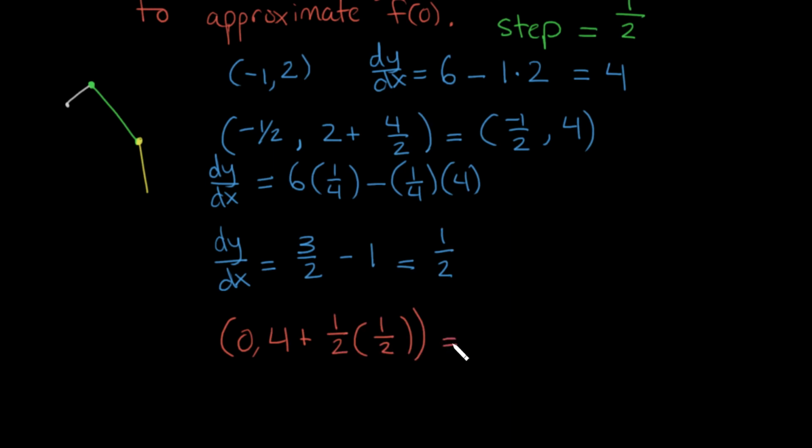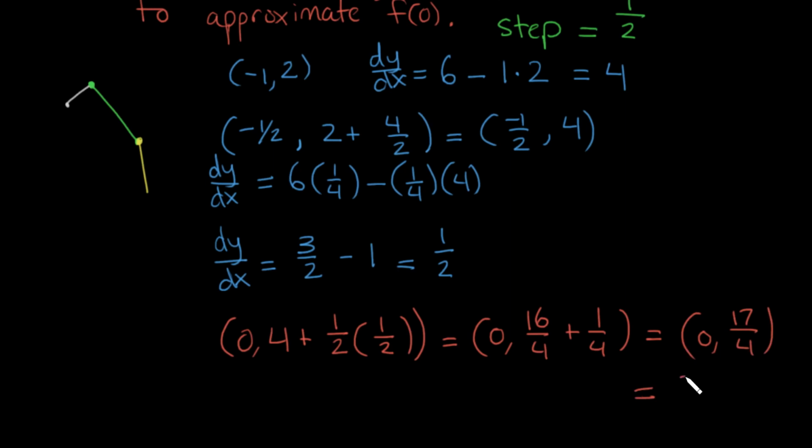When we multiply this out, we get 4 plus 1/4. Well, 4 we can rewrite as 16 fourths plus 1/4, and this makes it quite simple. We realize that at 0, the y position is 17 fourths.